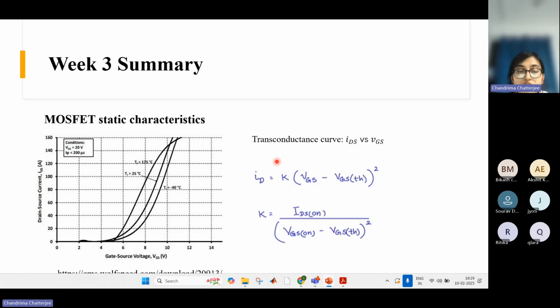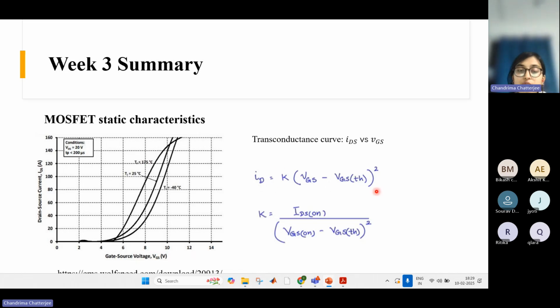So if you want to get a relation between the drain current and the gate to source voltage, that is given by this equation. So ID is basically a constant K times (VGS minus VGS threshold) squared. Earlier I told you that unless we give a particular positive gate to source voltage, the MOSFET will not turn on. That voltage is called the gate to source threshold voltage. If you don't cross this threshold voltage, the MOSFET will not turn on.